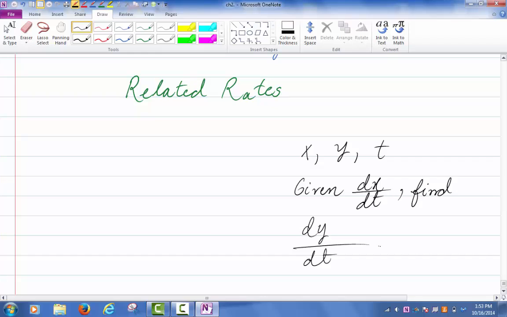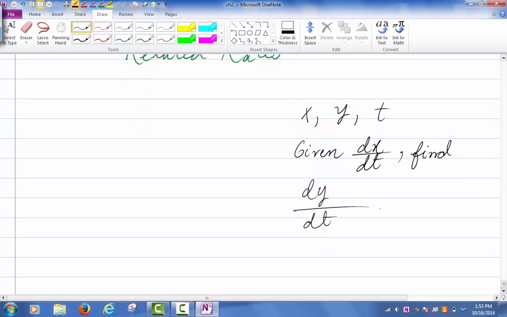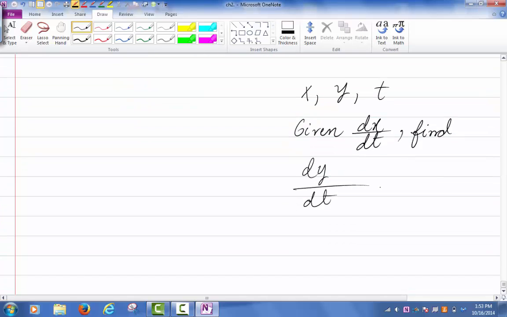And so how would you do it? The idea is that somehow you have to come up with an equation involving x and y. So to solve these problems, is my question clear? 3 quantities, 3 variables, x, y, and t. Usually t is time. You will be given the rate of x, you have to find the rate of y.